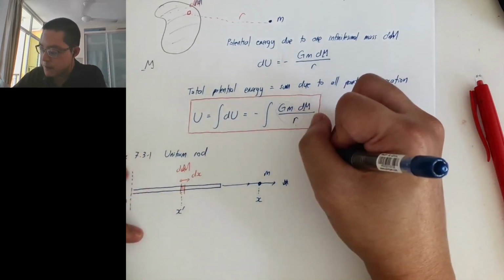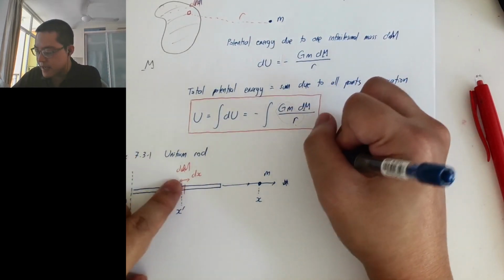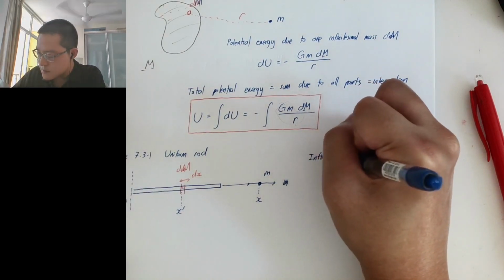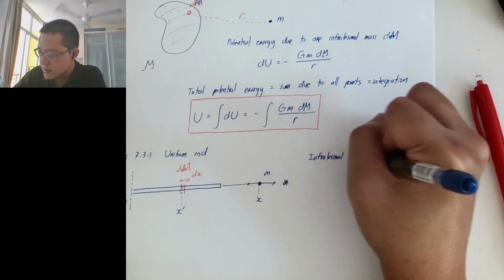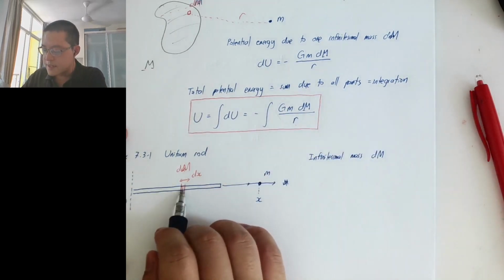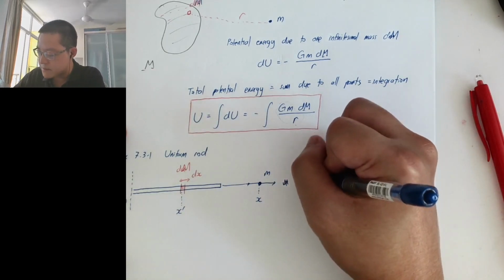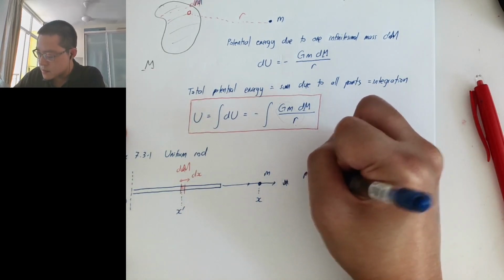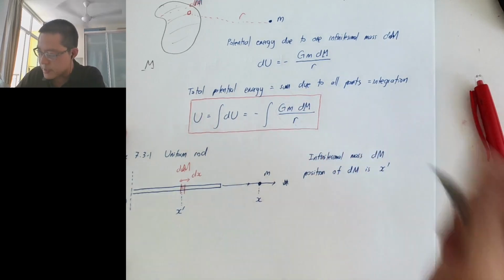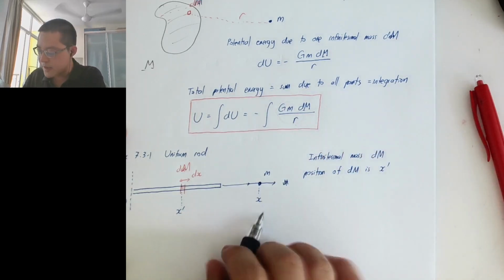Firstly, I have an infinitesimal mass that is dm. The position of dm is x prime, and the position of m is just x.